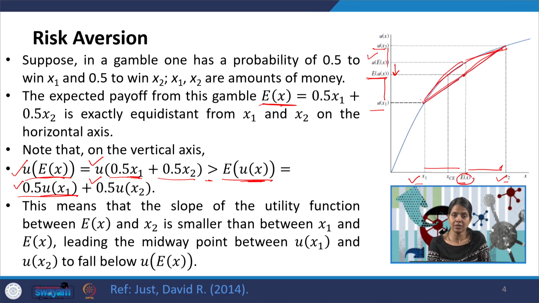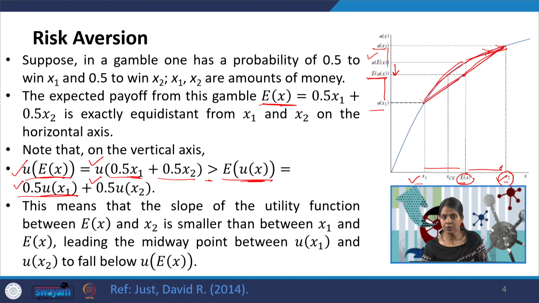This is happening because of diminishing marginal utility. As one has more and more wealth, possibly he or she becomes more and more risk averse, and that is why they would associate a lower amount of utility with an outcome like x2.